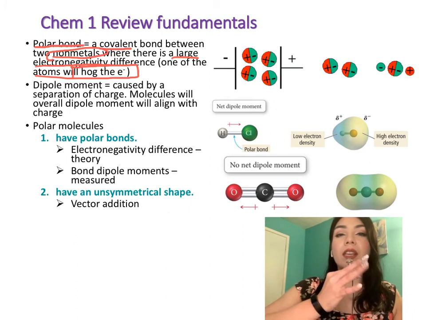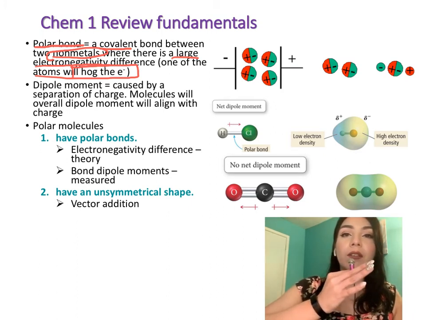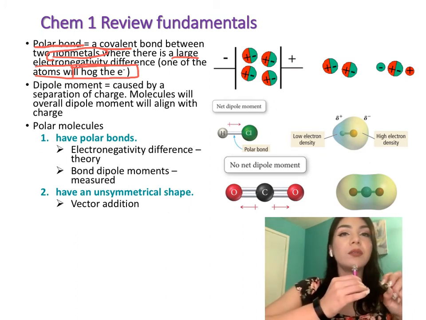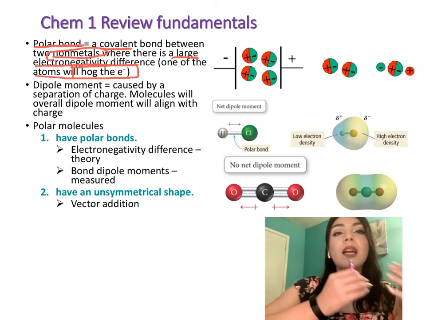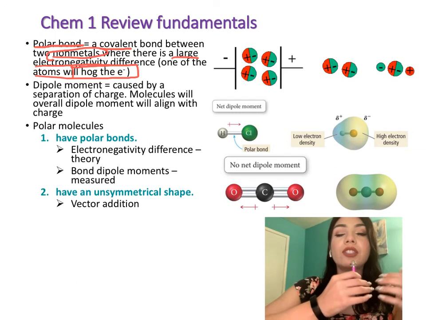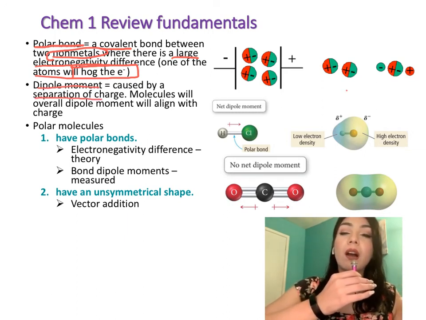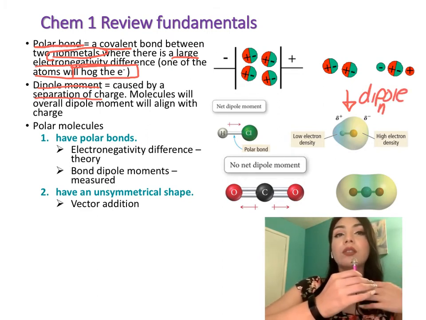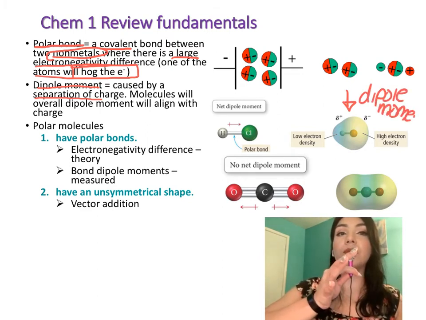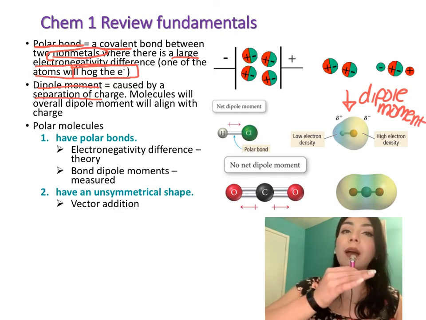So what you end up having is a covalent bond, right? They're sharing electrons, but it's actually not equal. A dipole moment is caused by that separation of charge. So you have one atom hogging electrons more, meaning it's going to have more negative charge towards it. So that's going to cause a separation of charge, which causes a dipole moment of that bond.